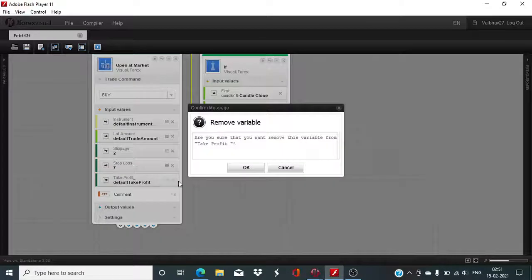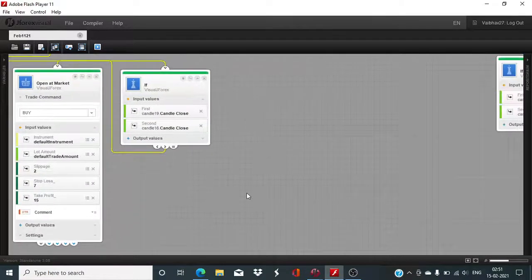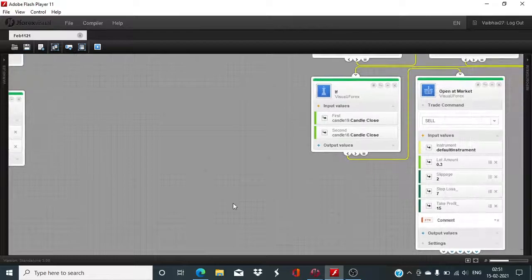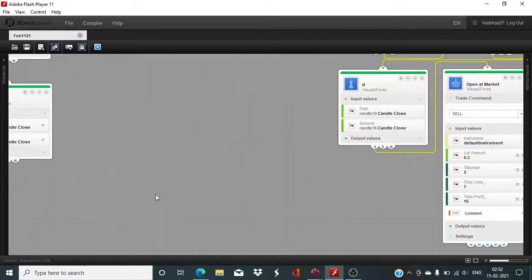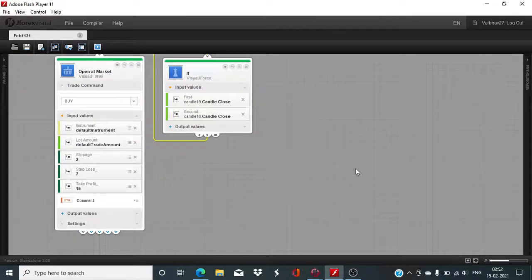But for this session, I'm not utilizing any further calculation. We will be keeping it simple this time around, and maybe in the next session when we will be working on a different combination using a different indicator, we will see how we can do that as well.